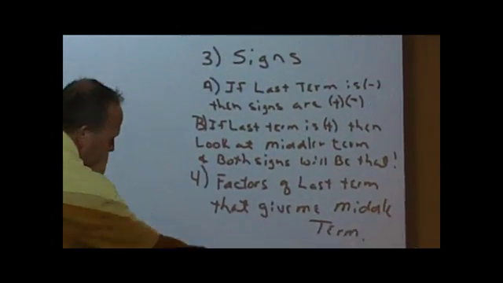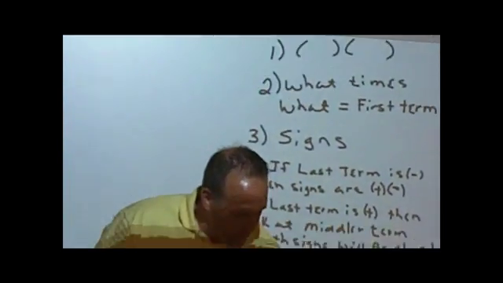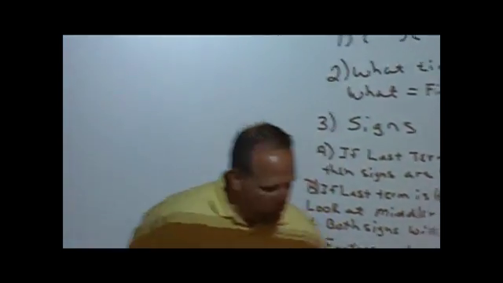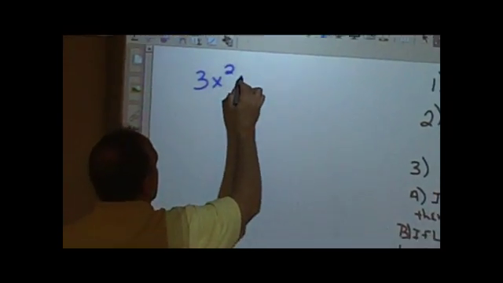Alright, let's look at this problem right here. We've got 3x squared plus 11x minus 4.